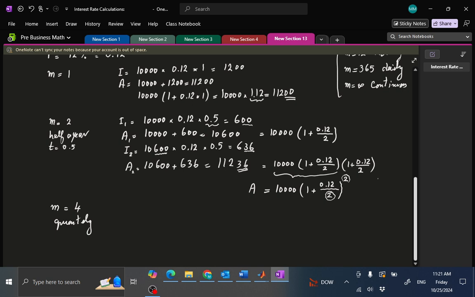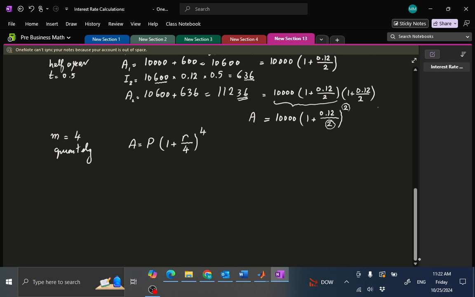In the quarterly scenario, if I want to calculate the accrued amount, it's actually easier to go and calculate this one. I take my principal, 1 plus the interest rate, whatever interest rate happened to be, divided by the 4 compounding, the 4 seasons that we have. What does that mean? We'll see shortly. So if I want to do this on a quarterly basis, I say, okay, I'm giving you $10,000 each season, every 3 months.